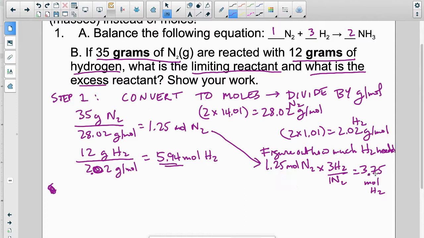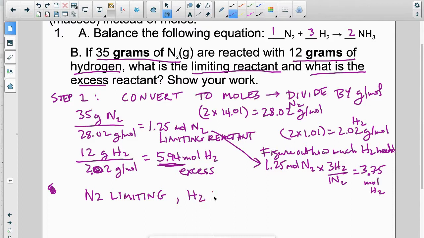I only need 3.75 moles of H2, but I have 5.94. So this is my excess reactant, and this is my limiting reactant. We can say that N2 is limiting, and my H2 is my excess reactant.